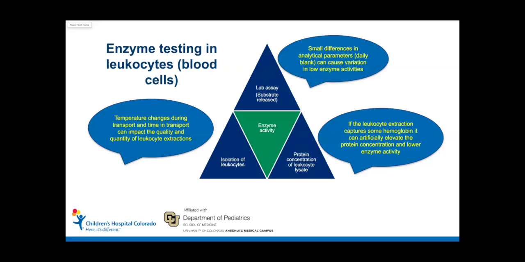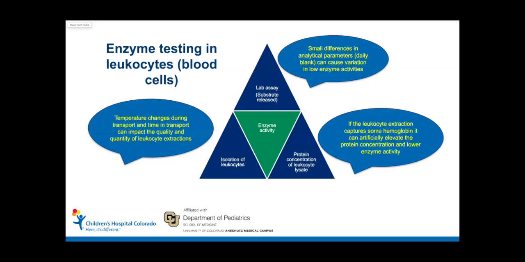And then finally, a lot of what you're asking us to do in the lab is measure very low enzyme activities, and that can make it difficult. You're essentially asking us to measure very small amounts of something, and if we don't have the assay calibrated exactly right, or more often just due to small variations in some of the analytical parameters, that can cause variations in low enzyme activity.